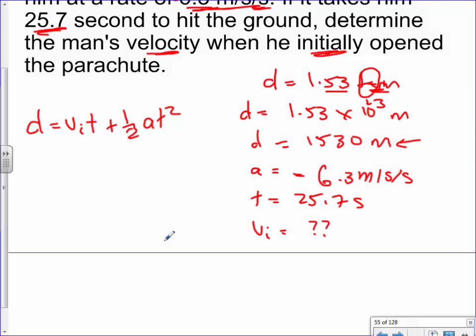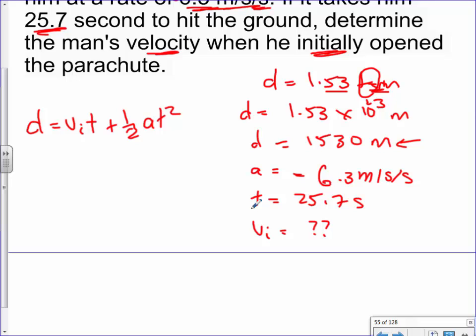Last time we were solving for D, and D was already by itself. This time we're not solving for D, we're solving for VI. So we need to work on our algebra skills. I guess I'm closing the back door too. Thanks. That's VIT plus 1/2 AT squared. That's the other formula that's on your list that we haven't used yet. Yeah. So now we're using it.